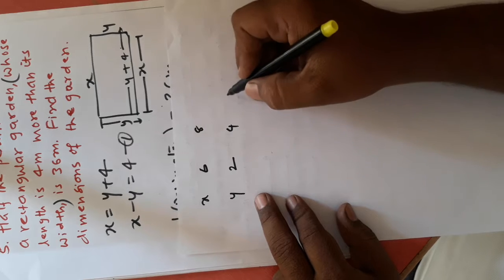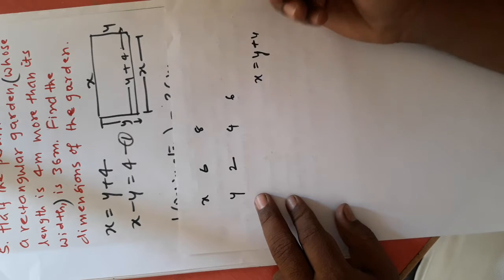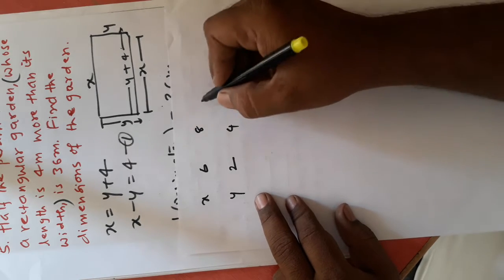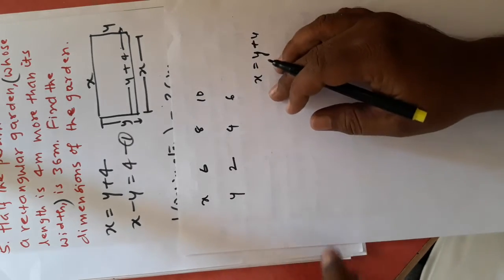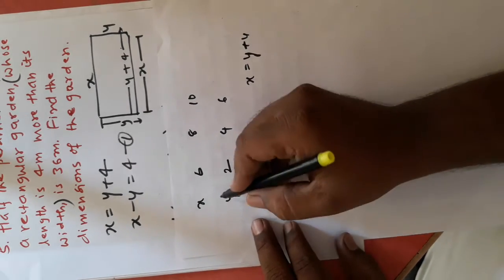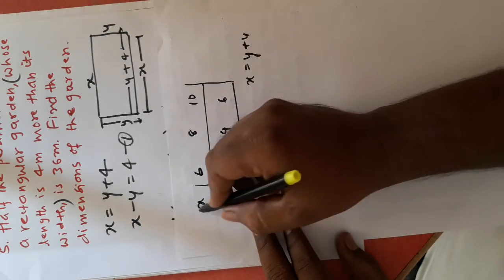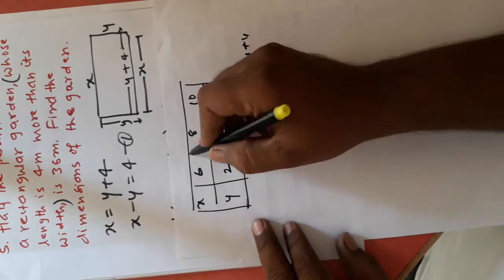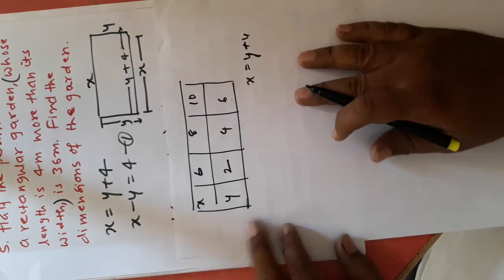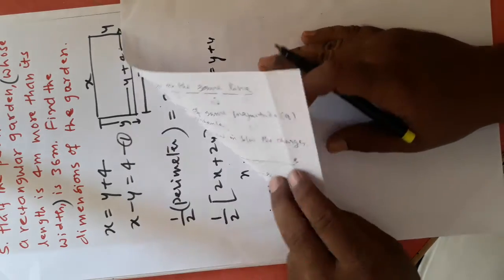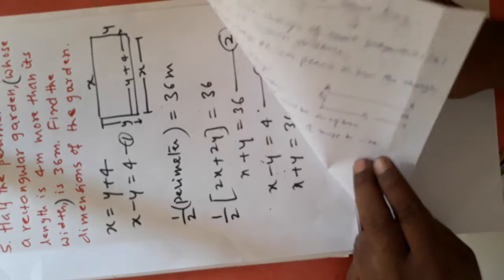If I take y is equal to 6, then 6 plus 4 will be 10. I am taking some even number of values so that we can draw the graph very easily.